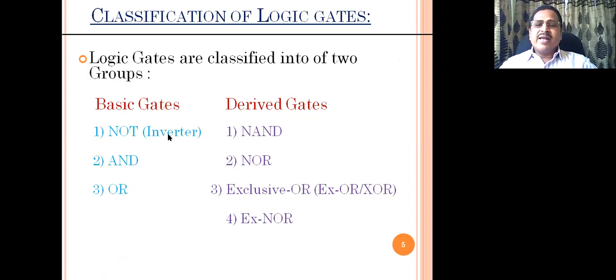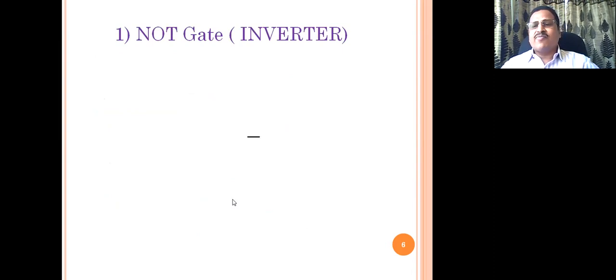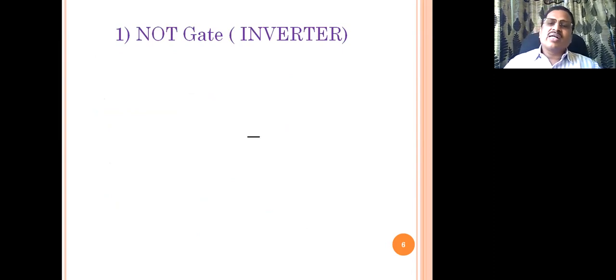By combination of these, one more category was invented, called derived logic gates, which includes combinations of basic gates such as NAND gate, NOR gate, exclusive OR, also called XOR or EXOR, and the opposite of XOR, there is XNOR also. We shall learn them one by one in brief, starting with the first type of logic gate, the NOT gate.